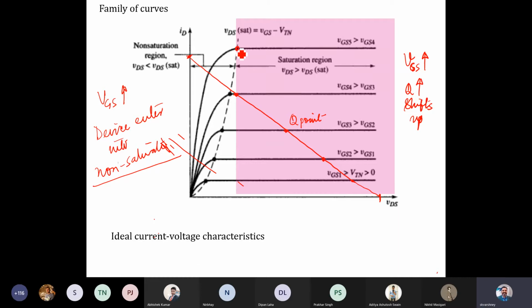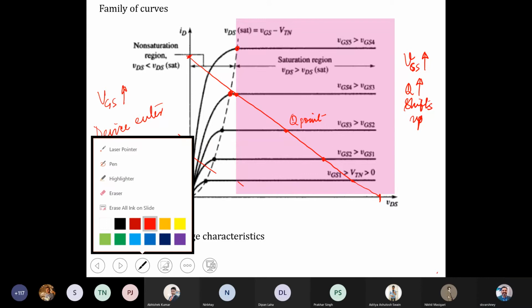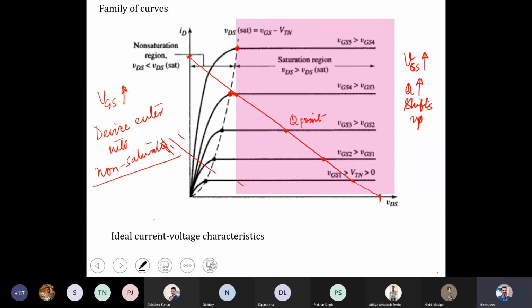These are the transition points. Because let's say the VGS is increasing on this side, the Q point is moving right for different VGS values, maybe let's say 1 volt, 2 volt, 3 volt, 4 volt. But you see the Q point shifts up.